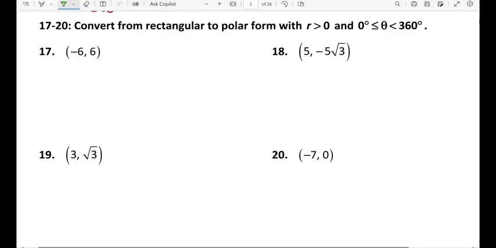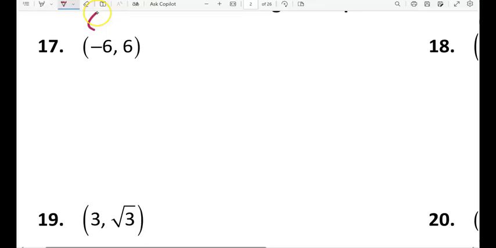In 17 through 20, we're converting from rectangular x comma y to polar r comma theta, but we're going to make sure that our r value is positive and our theta value falls somewhere between 0 and 360 degrees. In 17, we are presented with x comma y, and we're trying to convert to r comma theta.